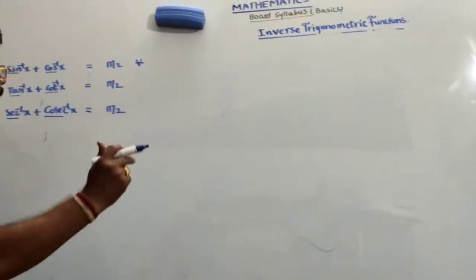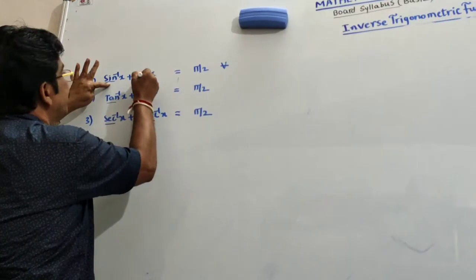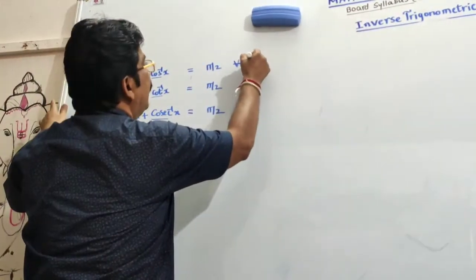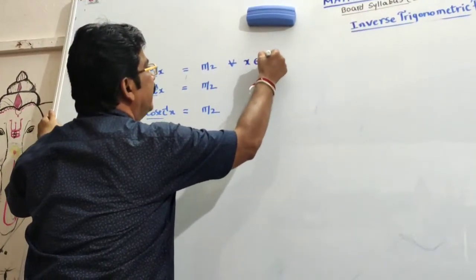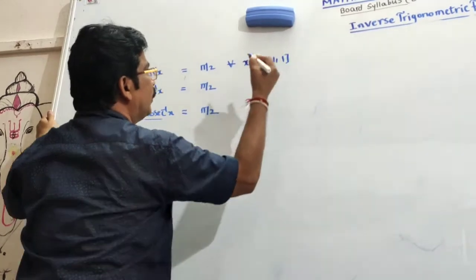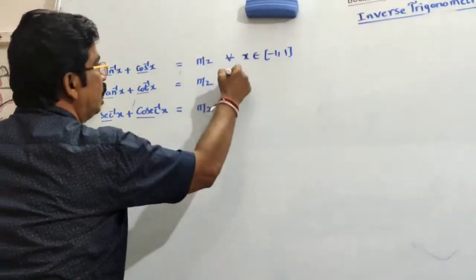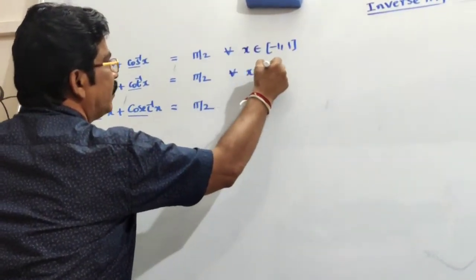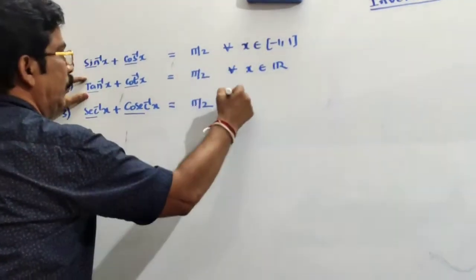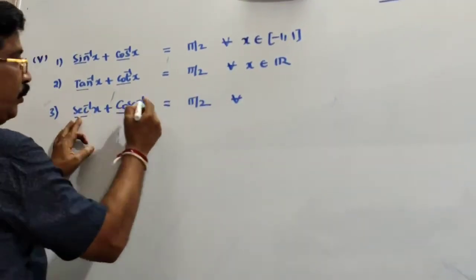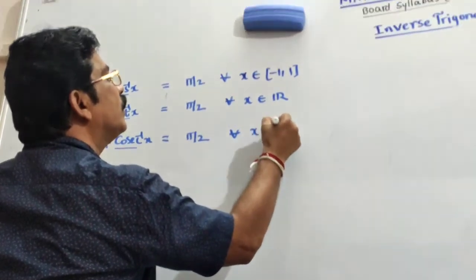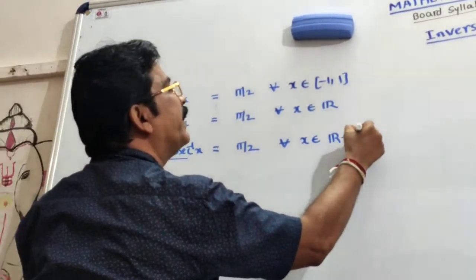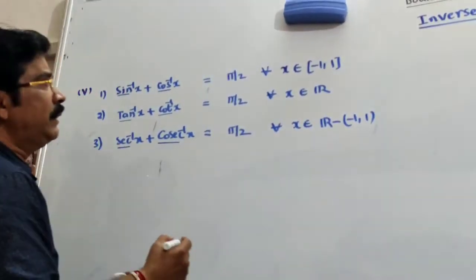So sin inverse x plus cos inverse x equal to pi by 2 for all x belongs to its domain, closed interval of -1, 1. Next its domain for all x belongs to capital R. So for all its domain x belongs to capital R minus open interval of -1, 1.